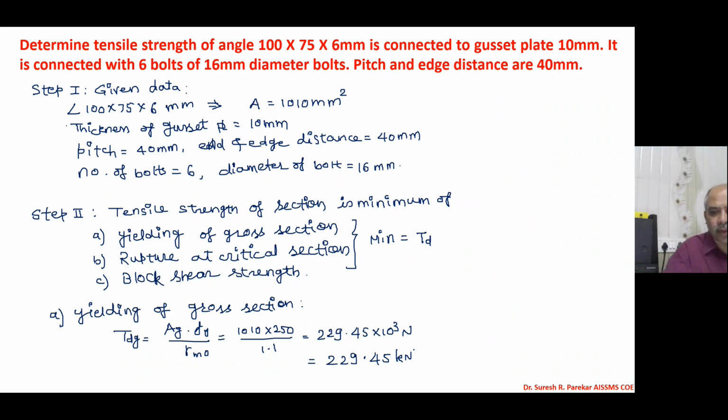Now we will go to part B, in which we have the tensile strength due to rupture at critical section.